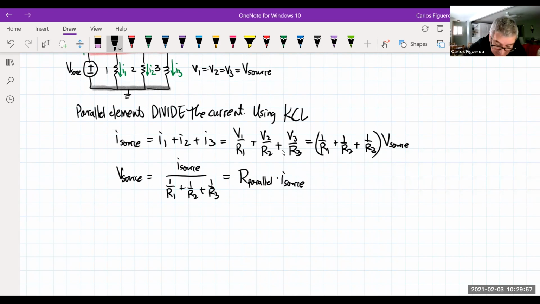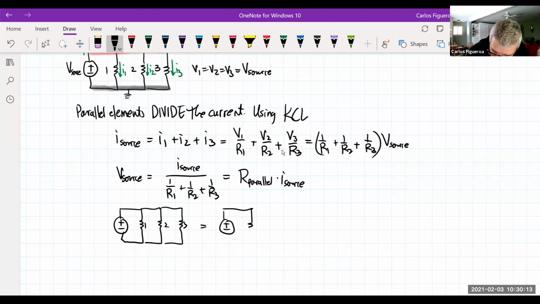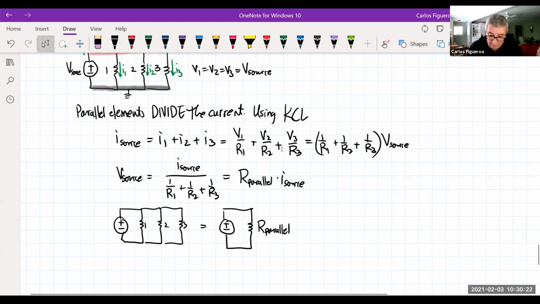So I can rewrite this thing in this way. Picture-wise, that means I can take this circuit, which is 1, 2, and 3, and I can draw it equivalently with one parallel resistor that looks like this. So that's what it means, that I can replace this in this way.